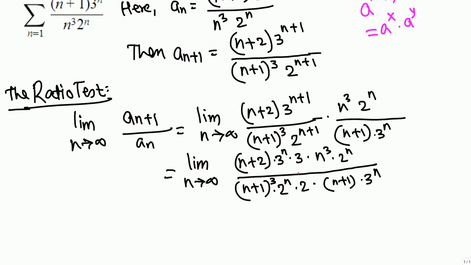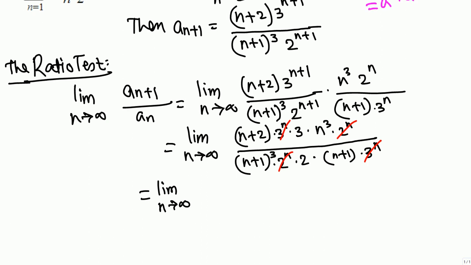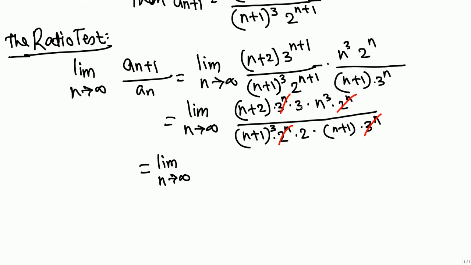Then we have a couple of cancellations, 3^n, 3^n, 2^n, 2^n, and this limit is the same as the limit as n goes to infinity of 3n cubed, let me put in the front, 3n cubed times (n plus 2) over 2 (n plus 1) cubed, and one more, so (n plus 1) to the fourth.